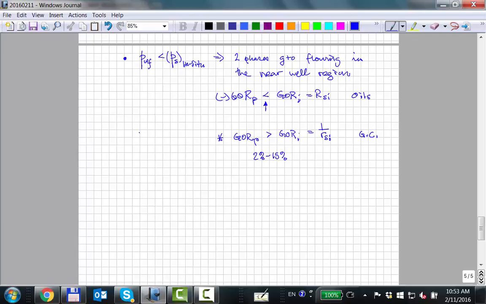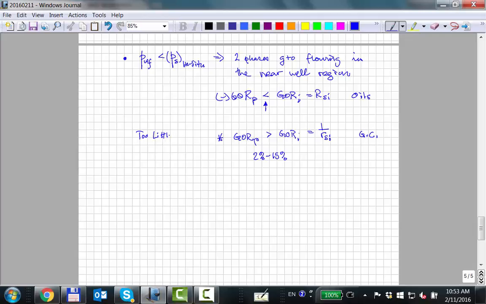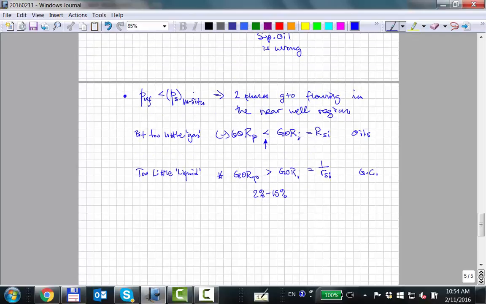So basically we have too little liquids, which is condensate, and here we've got a bit too little gas. Okay, so that is another potential problem.